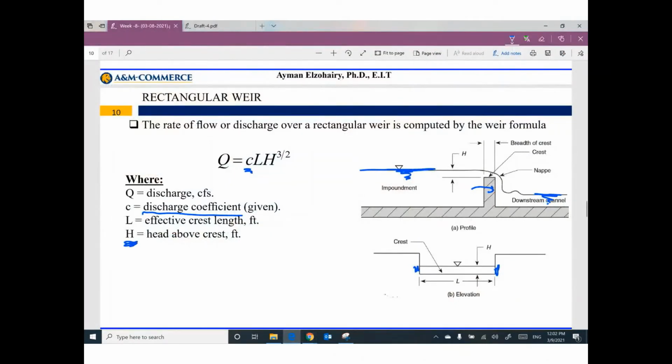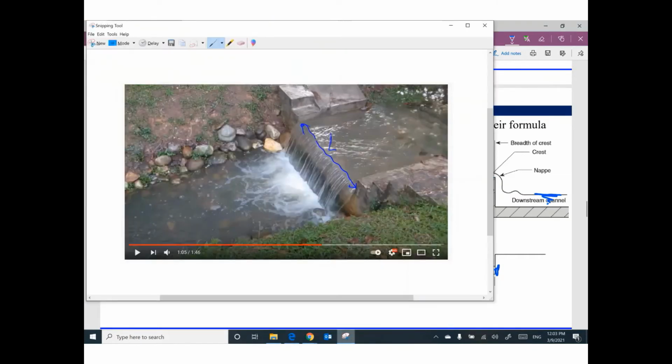H is the water height between the top surface of the weir and the water level behind the weir. This is H. So if you go back to your video, H will be the height between the top level of the weir and the water surface, this little height.